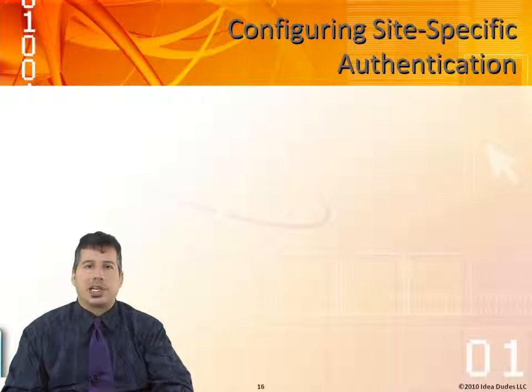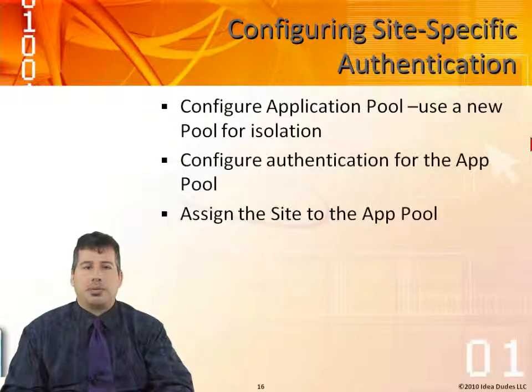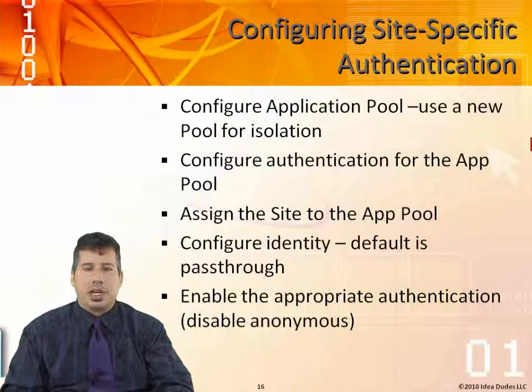Now configuring site-specific authentication, you configure the application pool to use a new pool for isolation. Configure authentication for the app pool, assign the site to the app pool, configure the identity, which the default is pass-through. So pass-through means whoever's logged on, it's going to impersonate that individual. Enable appropriate authentication.